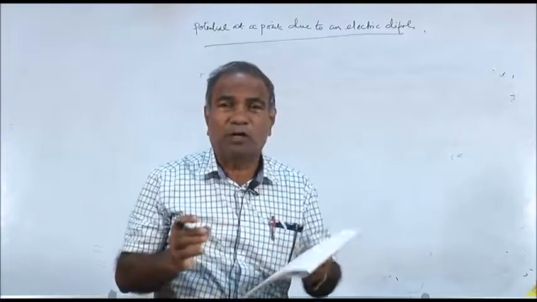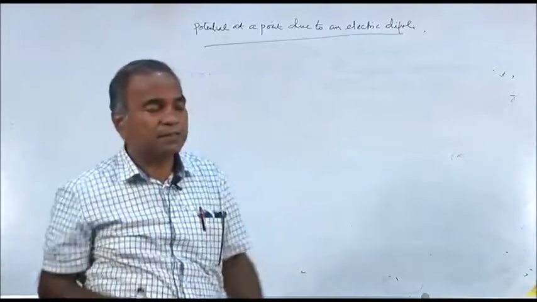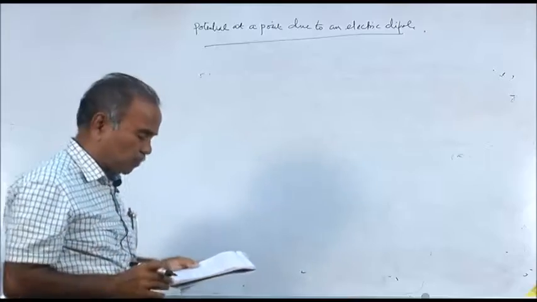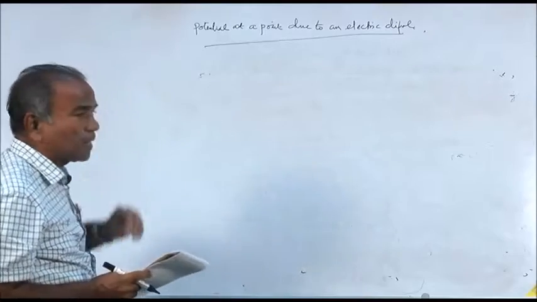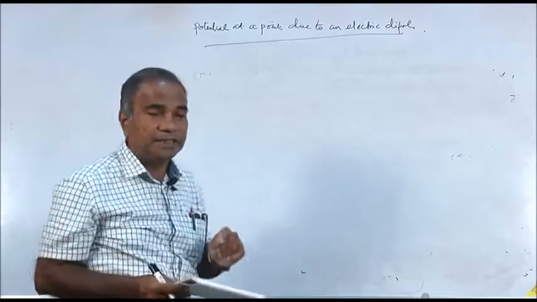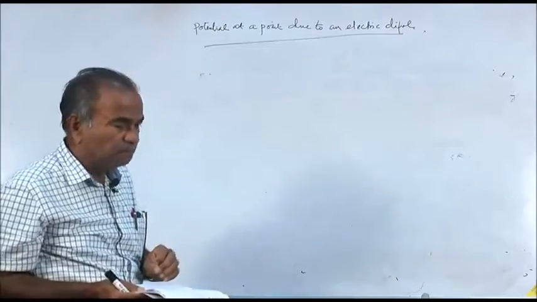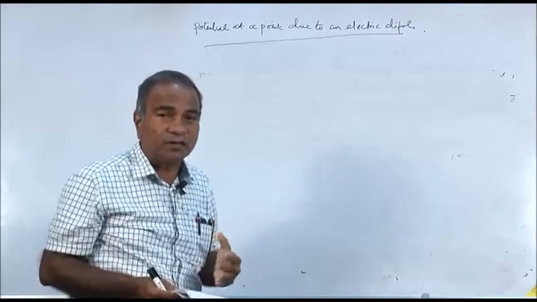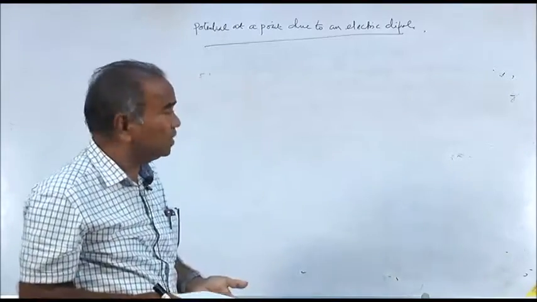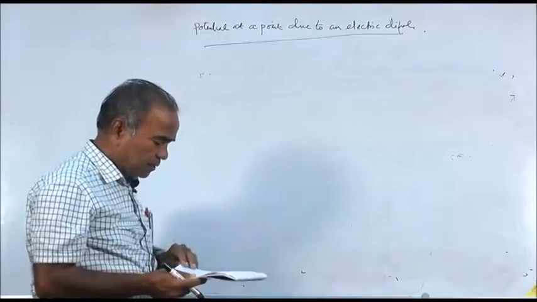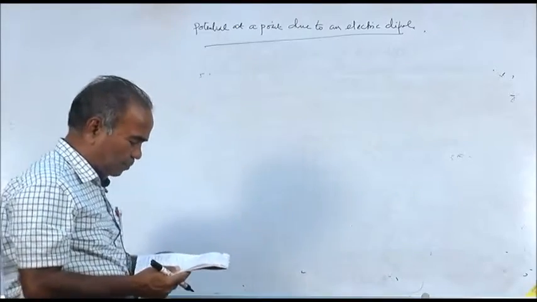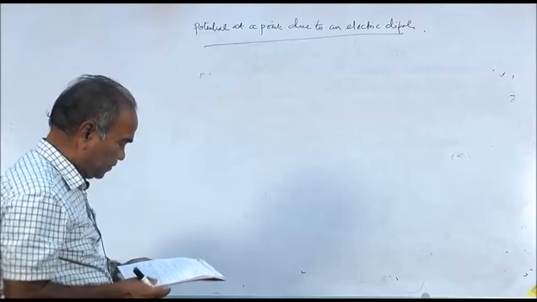Dipole means two equal and opposite charges separated by a small distance. They constitute a dipole. There we calculated the electric field intensity due to a dipole at any point on the axial line as well as on the broadside on position. But here we will find the potential at a point due to an electric dipole.